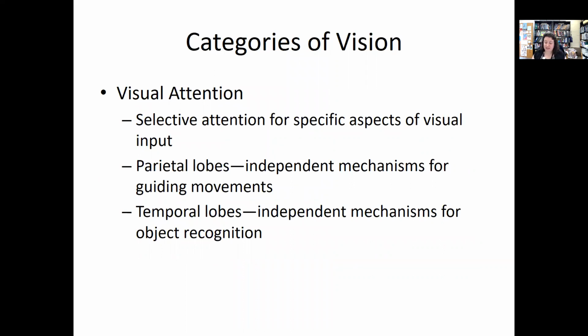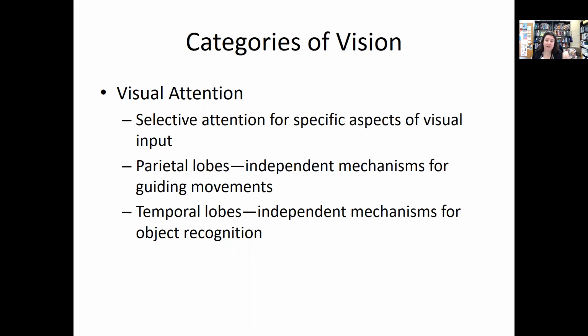And then there's visual attention. So we have selective attention for specific aspects of visual input. We get a lot of visual input all at once, right? And so we have to be able to focus in on what's most important, or we would just get overwhelmed, right? So you're seeing my very messy office behind me, right?